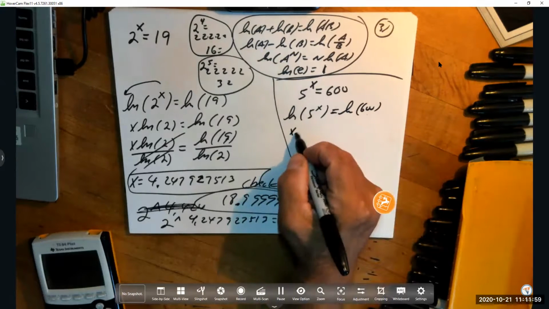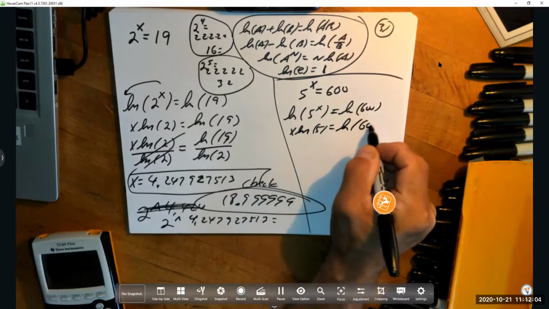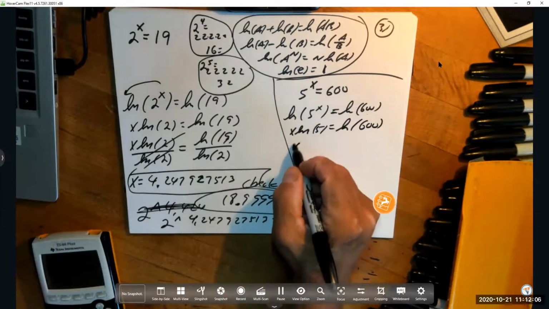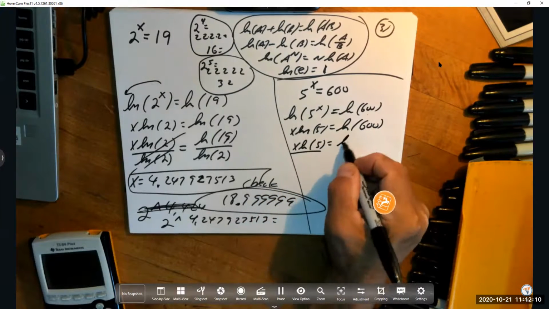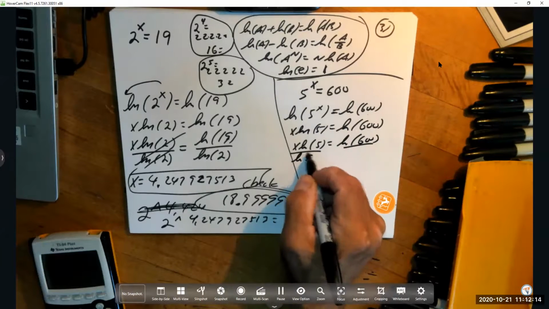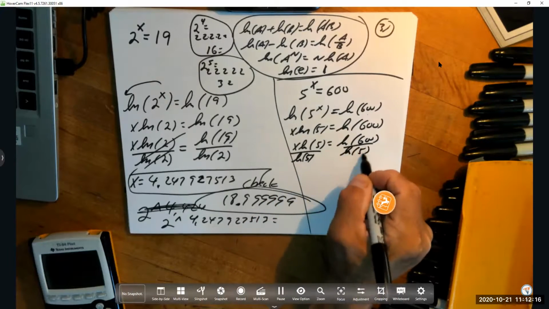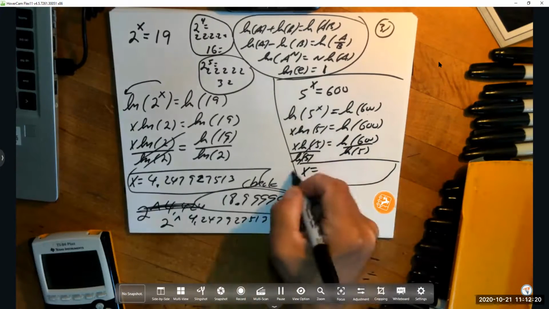So you have x ln of 5 equals ln of 600. So now I divide this side by something, this side by something. So ln of 5, ln of 5, these are gone. So x is giant number.